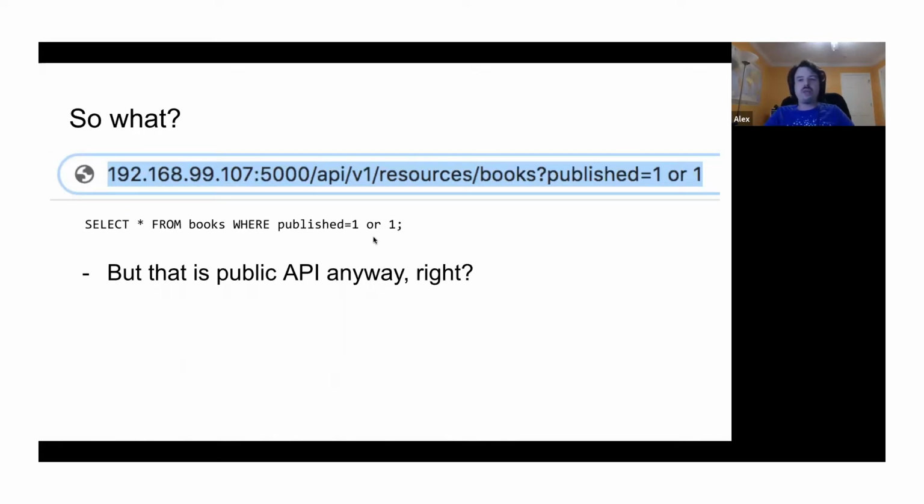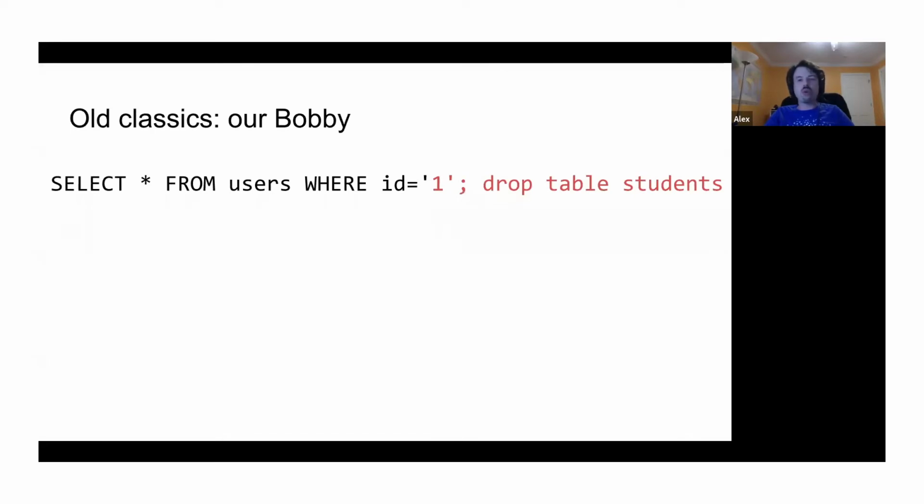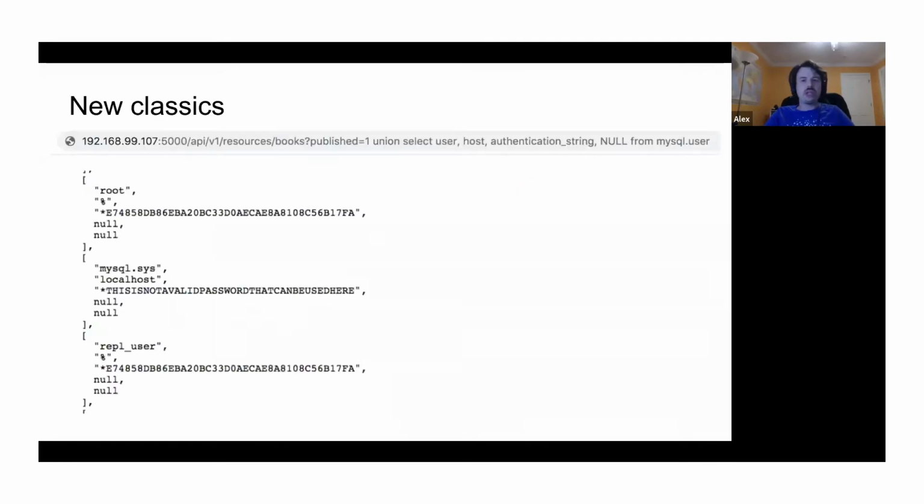Well, you may say, well, this is a public API anyway. So what's the problem? Well, the problem is that our old Bobby Drop Tables will actually be able to drop a table. And this is not good. But sometimes even worse is that a hacker can actually take over the whole MySQL.